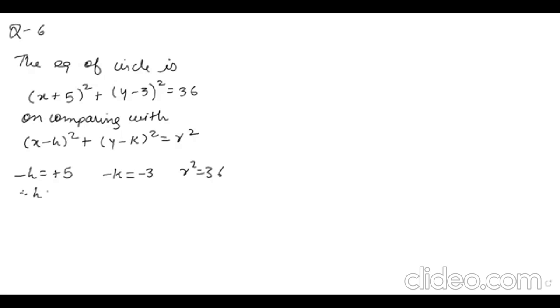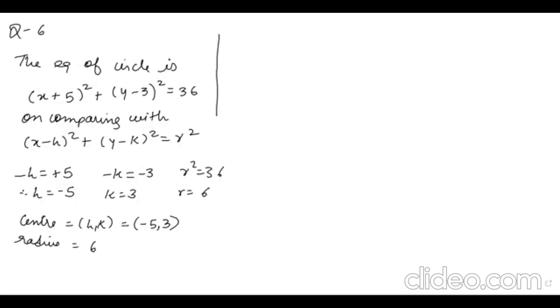So h is minus 5, k is 3 and r is 6. So center is h comma k, you know that, and it is minus 5 comma 3 and radius is 6. So here we are asked to find the center and radius of the circle.